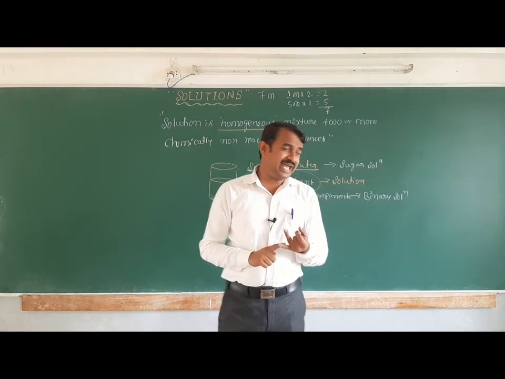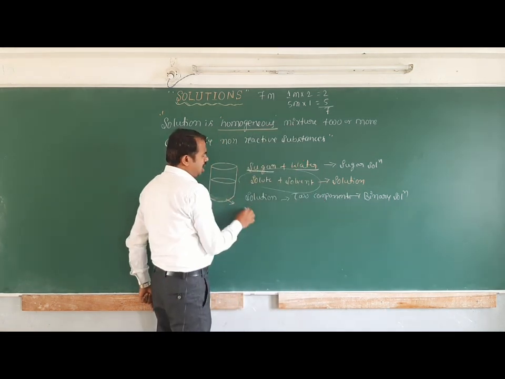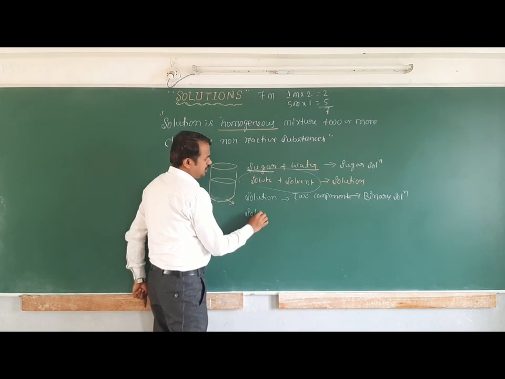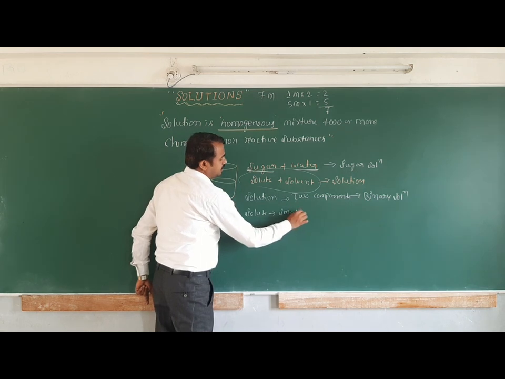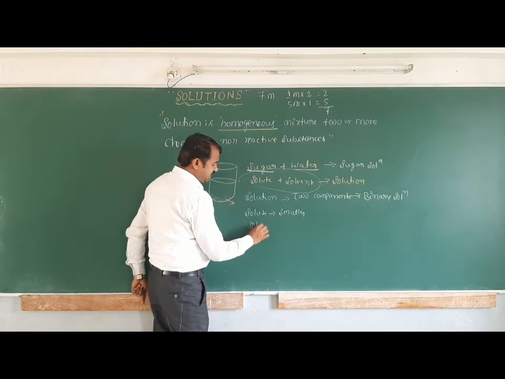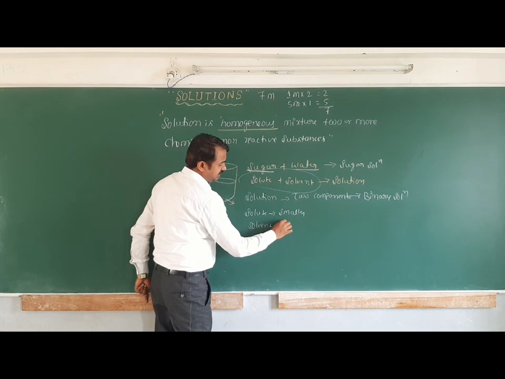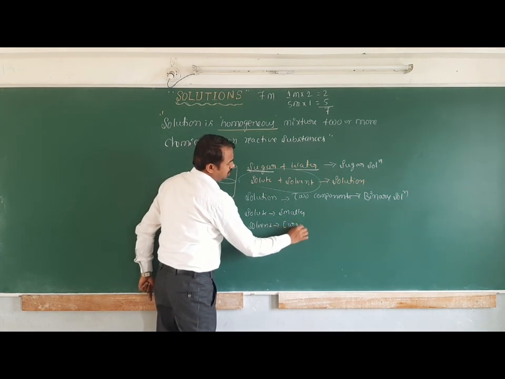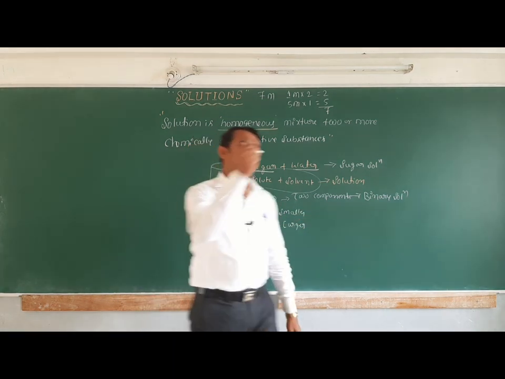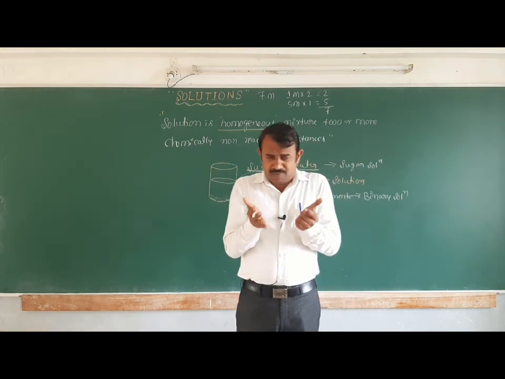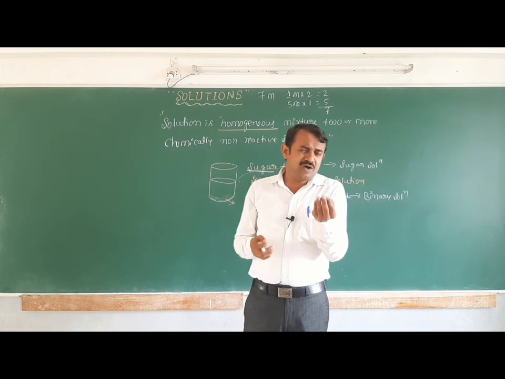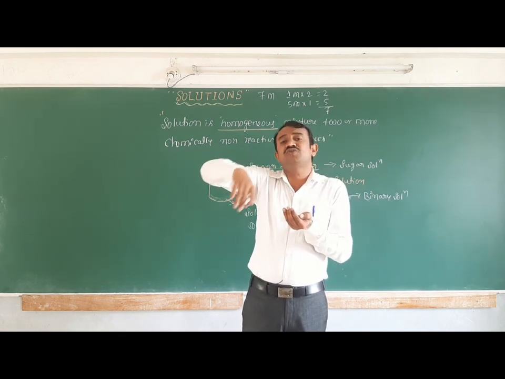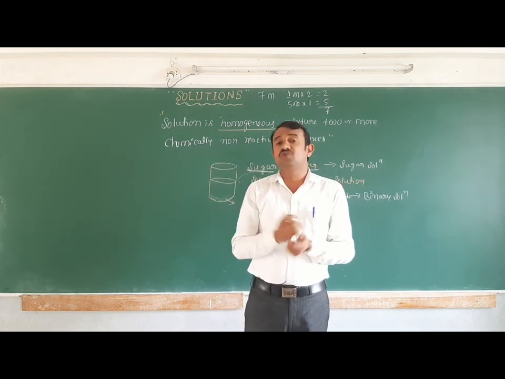The solute is the smaller component and the solvent is the larger component. You can observe, when you are making a juice, you do not take equal amounts of sugar and water. You have to take a small quantity of sugar and a large quantity of water, and that is the solution.